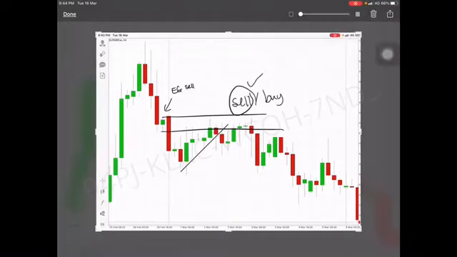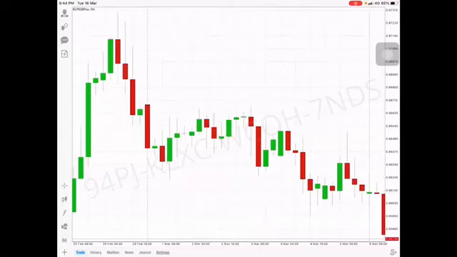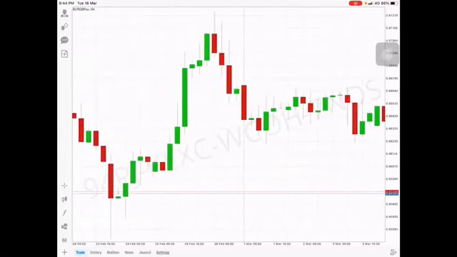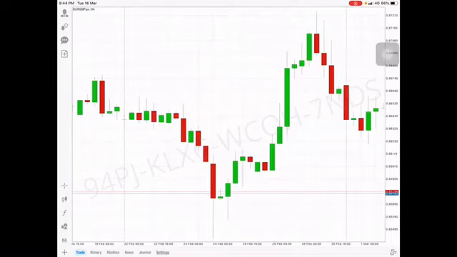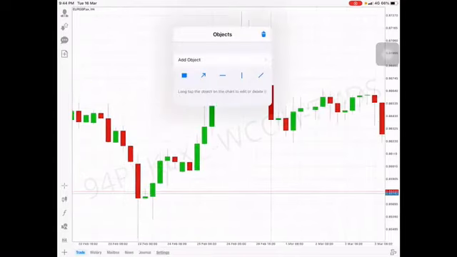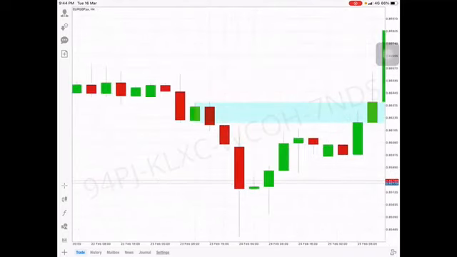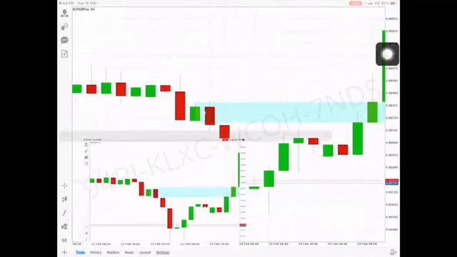So let me show you some other examples. Let's say if you have this one. Now look at that. What engulfing is that?